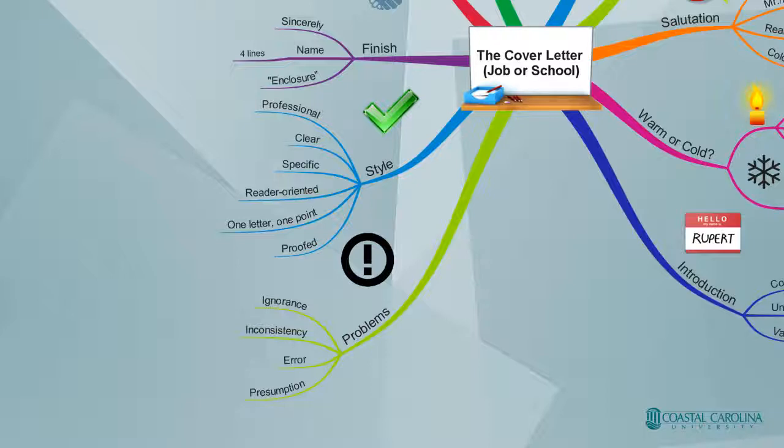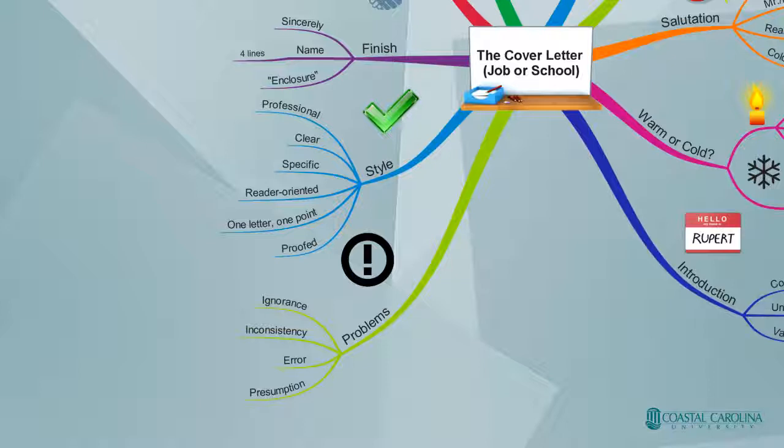And that's helpful, because at least that means I've checked their website and knew who was running the department. Any inconsistency between your letter and your resume, or an internal inconsistency within the letter, is problematic. So if you say you've worked at a place for 3 years and your resume says you've only worked there for 2, obviously that's an inconsistency.